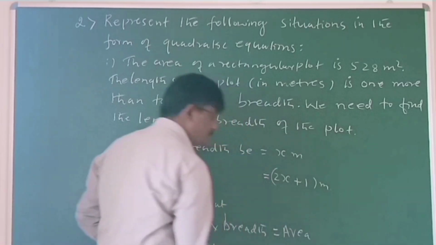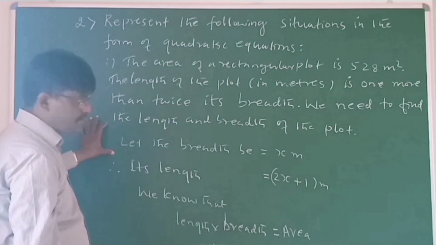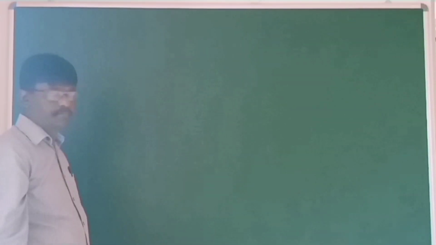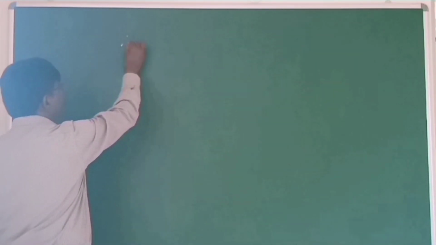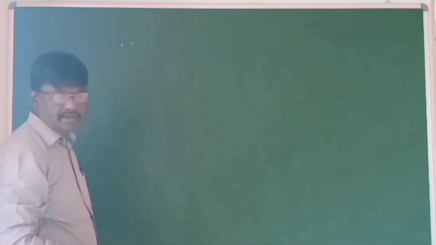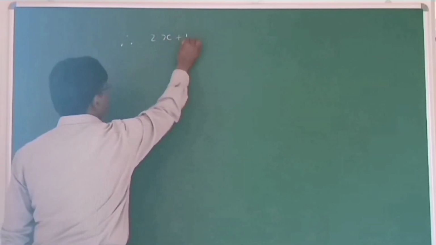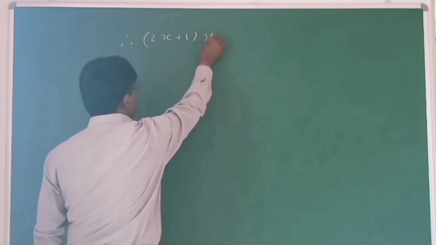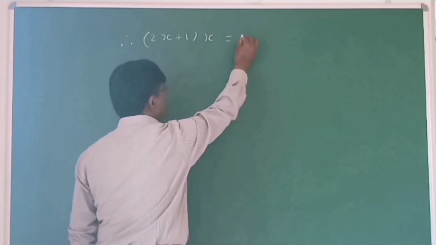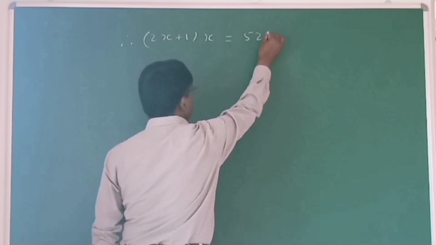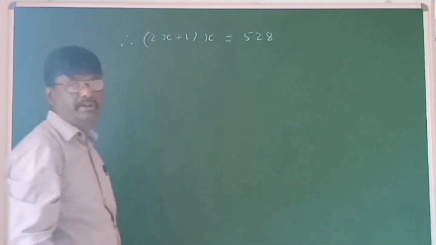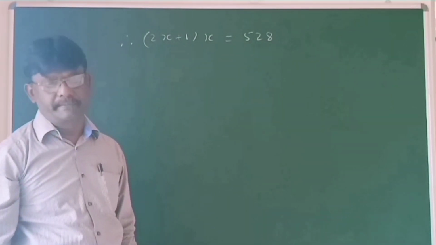Now, we shall substitute. Therefore, what is the length? Length is 2x plus 1 into breadth. Breadth is x equal to 528. Correct? It is 528 meter square.